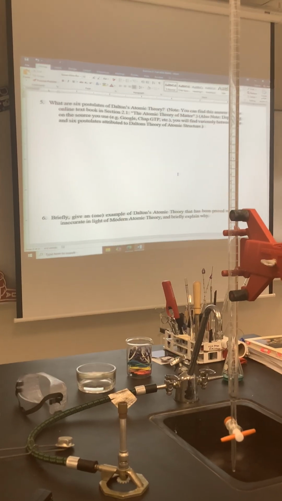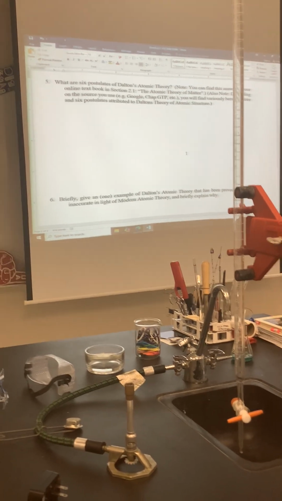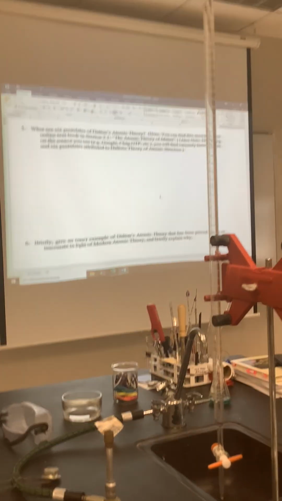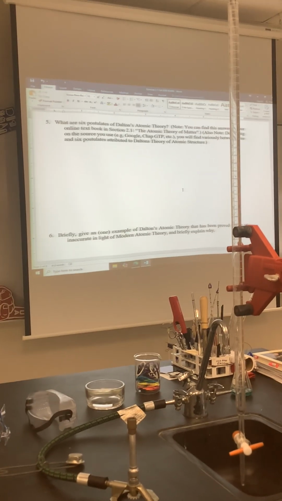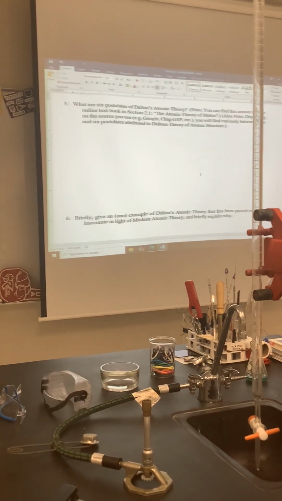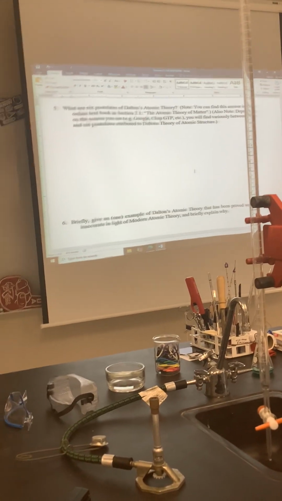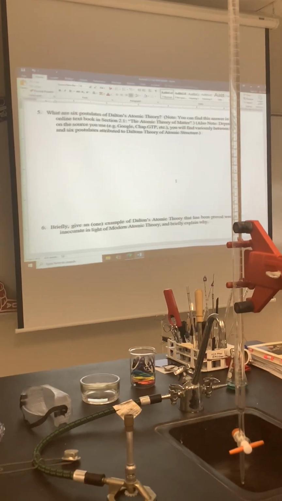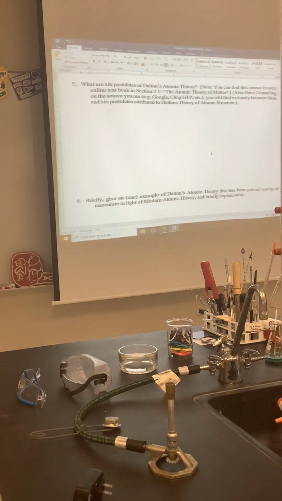But this distance here, compared to this distance here, if I make this distance 1, this distance here is 10 to the 4th times that. In other words, I need 10,000 of those before I get to the first electron. The point of this is just to say that atoms are mostly empty space, okay?